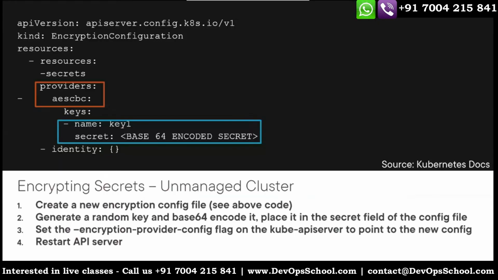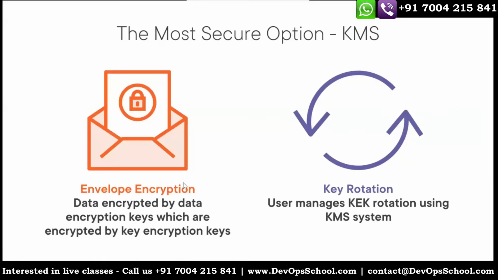Now the question is, how do you decode that? While using the secret in the pod specification, you will also have an encryption configuration and decryption configuration. There's a whole lot of documentation; if you follow the Kubernetes encryption documents, the link is below. Using that, you can decode the encryption and then use it in the pod.